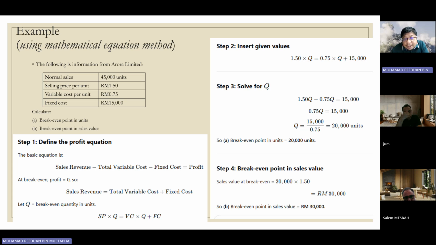Now insert the given values: 1.5 times Q equals 0.75 times Q plus 15,000. So 1.5Q minus 0.75Q equals 15,000. The break-even point Q equals 15,000 divided by 0.75, and in the end you get 20,000 units based on the mathematical equation, like algebra.